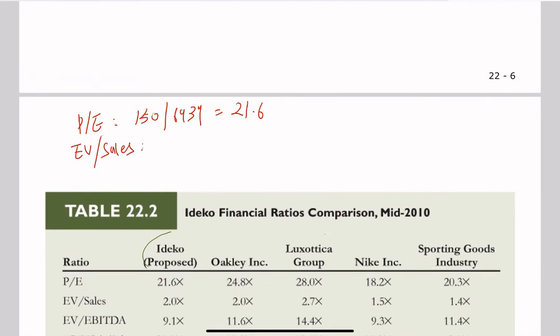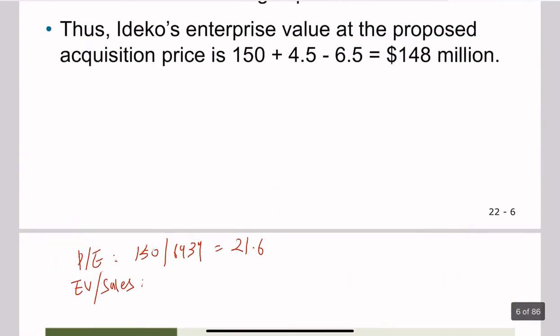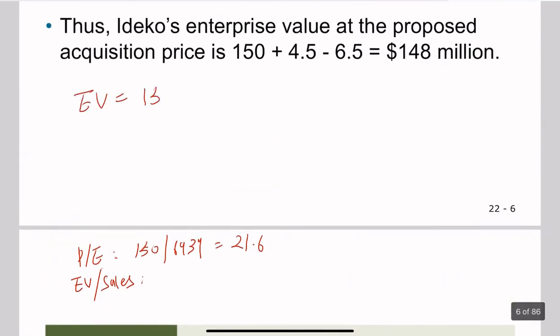Clearly, we need to first find out the firm's enterprise value. And we know that the firm's enterprise value equals equity plus net debt, right? So EV equals equity plus net debt.